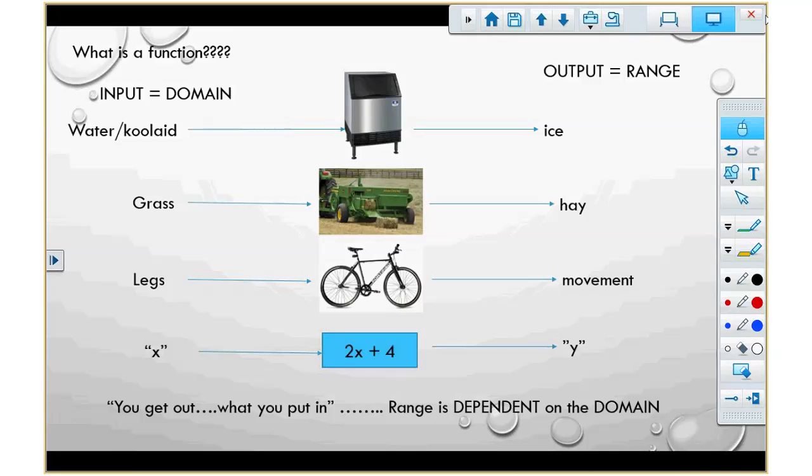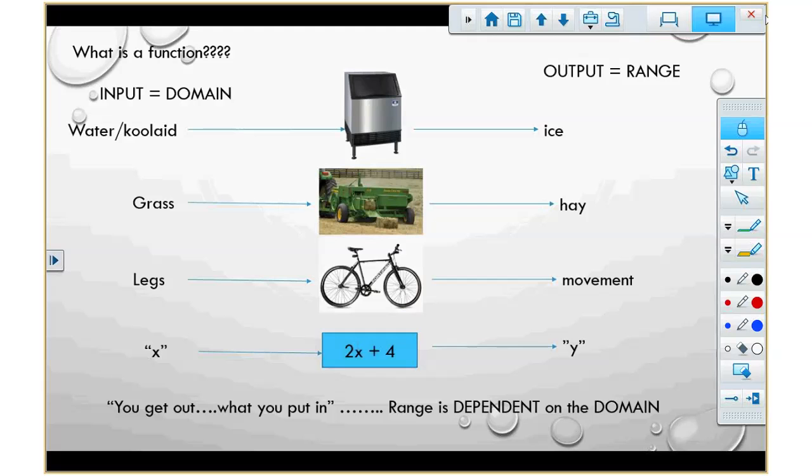The hay baler makes hay bales. The bicycle makes motion, or makes whatever. It makes you go. All right. I'm not a physics teacher.